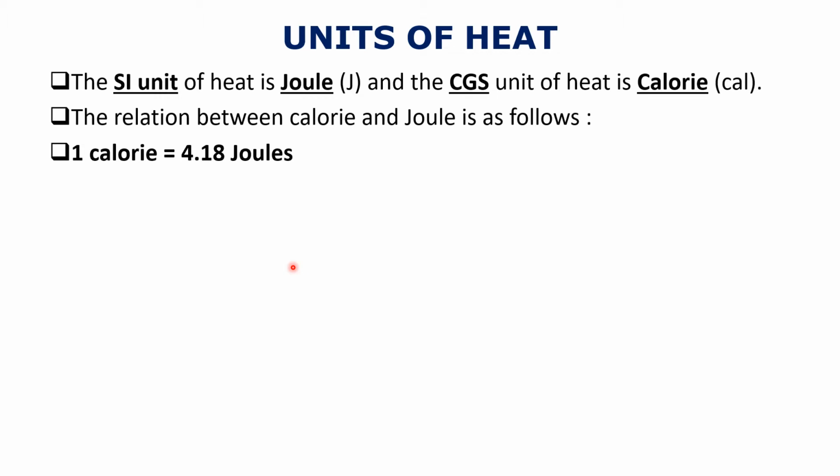C comes first and then comes J. So that's why when you write 1 calorie, calorie will come first and then joules, and the relation is 4.18. In the ABCD, C comes before J. So that's why 1 calorie will always be 4.18 joules. Now this is a mnemonic or a way of remembering. You will find it a very silly way of remembering, but this is how I remember at least.